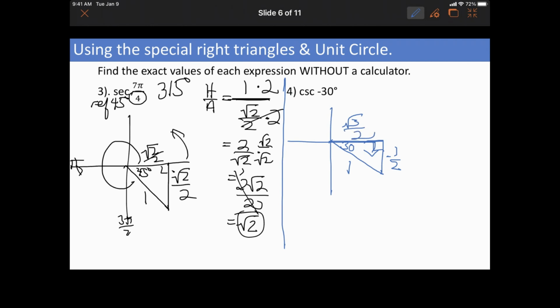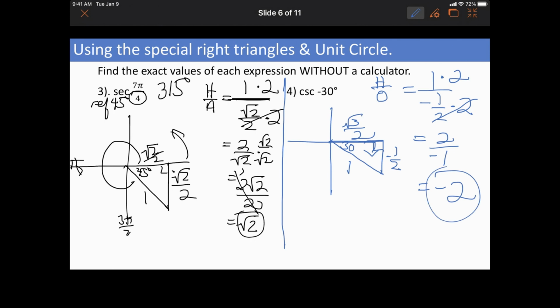Cosecant is hypotenuse over opposite. So hypotenuse is 1. Opposite is negative half. I'm going to multiply 2 to the numerator and denominator. That's going to be 2 over negative 1, which just simplifies to negative 2.